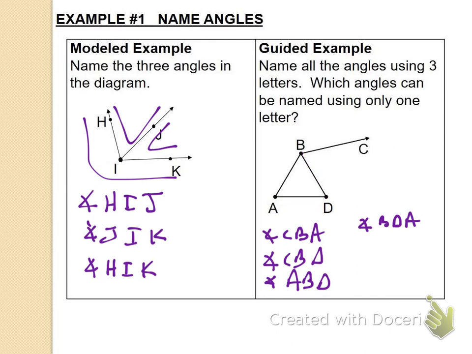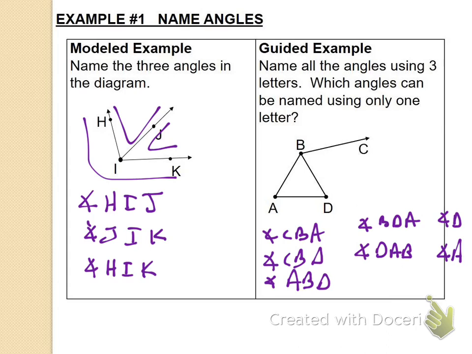Which, if you also just named angle D, that would be okay. There's only one angle there, right? Did you also find angle DAB, which is this guy right there? Which, again, you could just call angle A if you wanted to. You couldn't just say angle B.